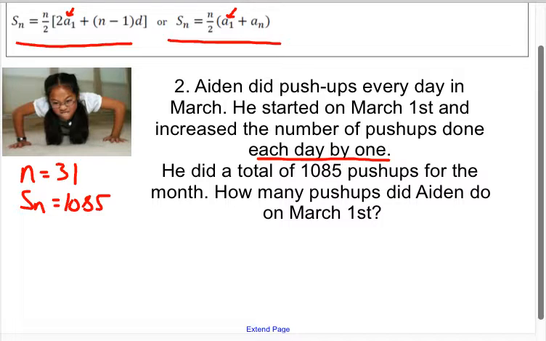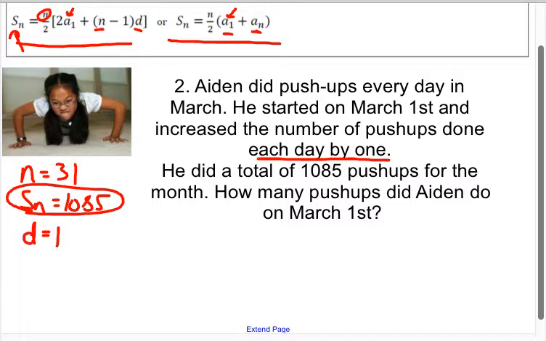So our common difference is 1. And this is all we know. I don't know a sub n or a sub 1, so that's not going to help me. I know n, I know d, so I think if we use this first formula, plugging 1,085 in for S sub n, or the sum of the series, we should be able to solve for a sub 1.